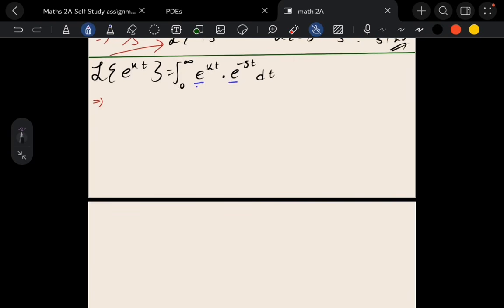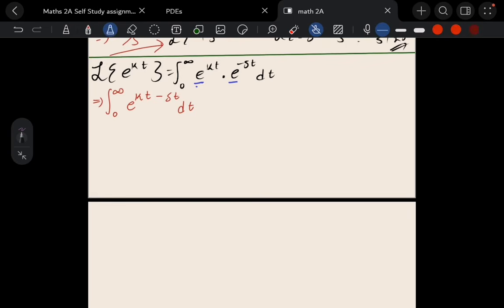Since these two bases are the same, we can multiply the bases and add the exponents. So I'm going to have an integral from 0 to infinity of e to the power kt minus st dt, like that.